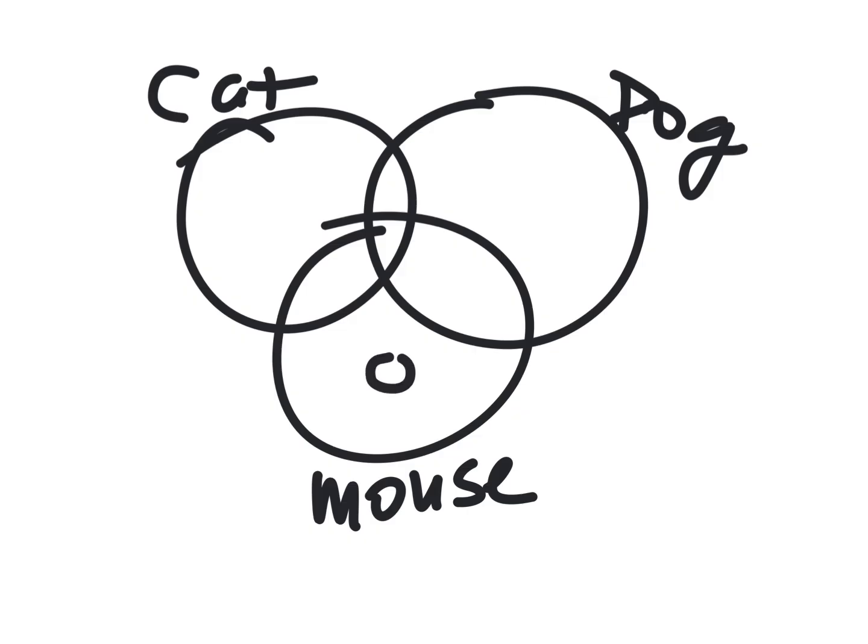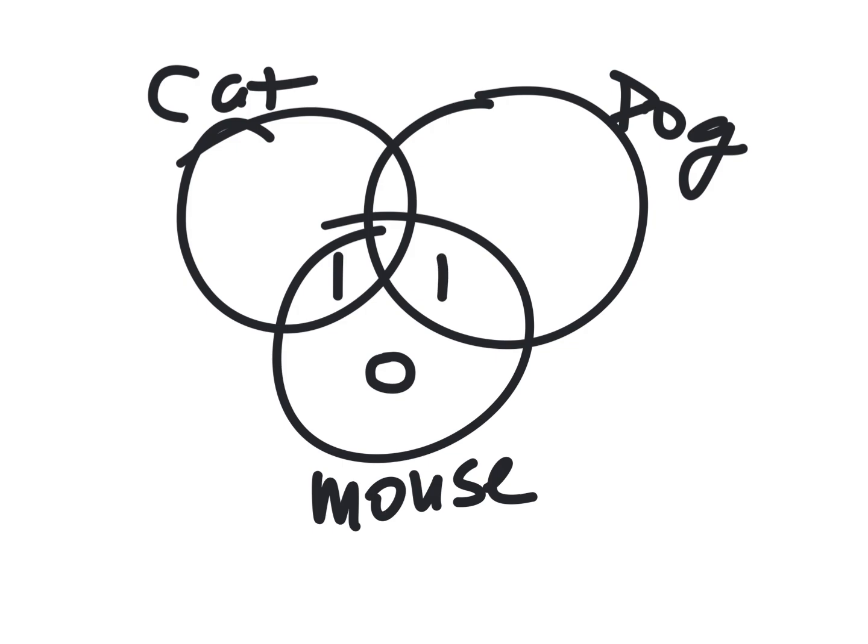Now, there was nobody who had just a mouse. 1 here and 1 here, and 2 in the middle. On the outside of this, which means they don't have a cat, a dog, or a mouse, there were 5 people out there.